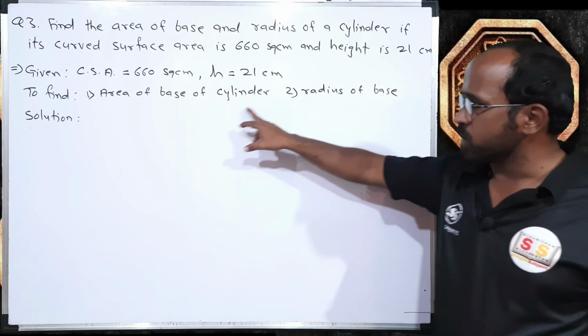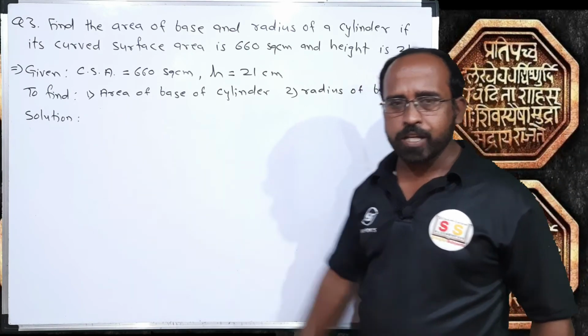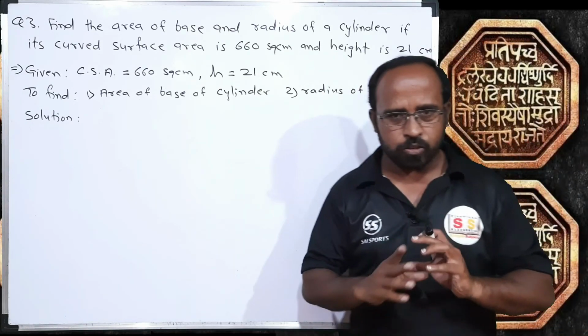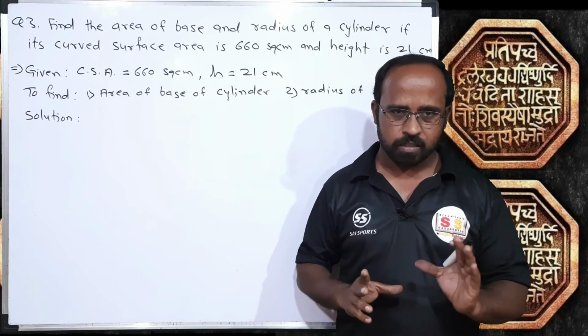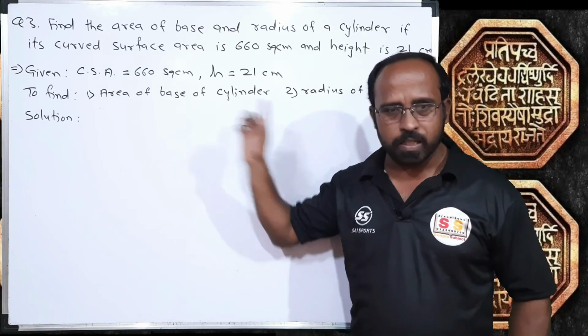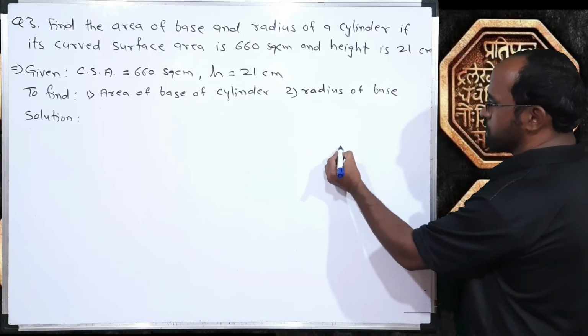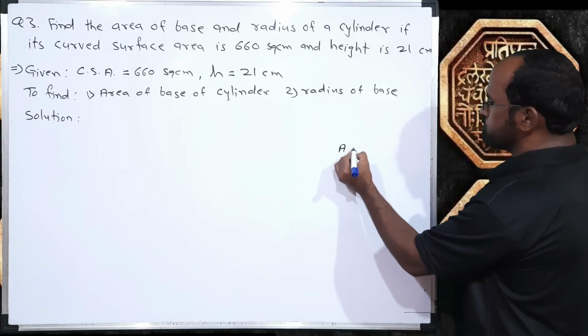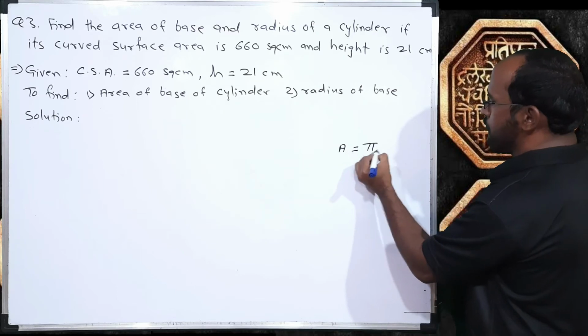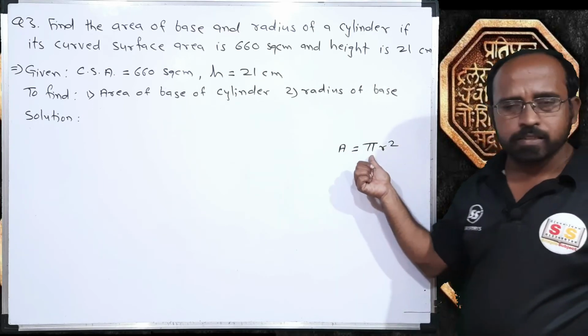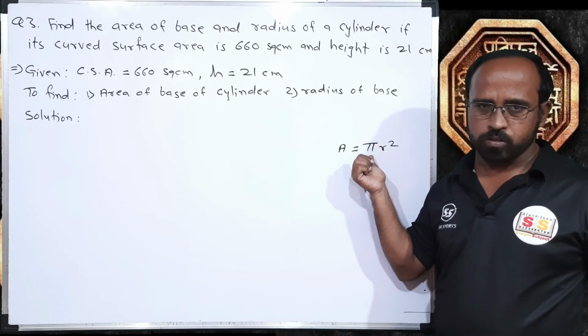Guys, what first thing do we have to find? Area of base of cylinder. Base of cylinder is circular, that is a circle, so we have to find out area of that circle. What is the formula for area of circle? Area of circle is equals to pi r square, where pi is a constant, 22 upon 7 or 3.14.